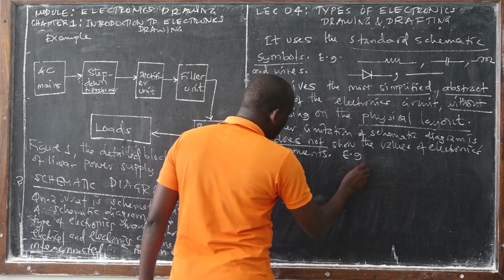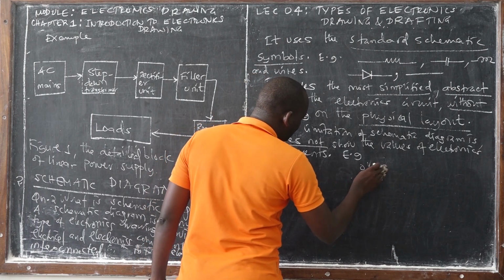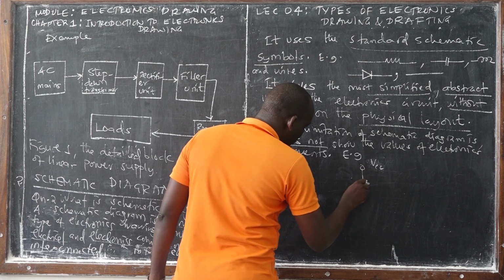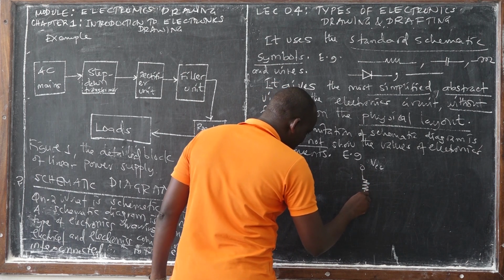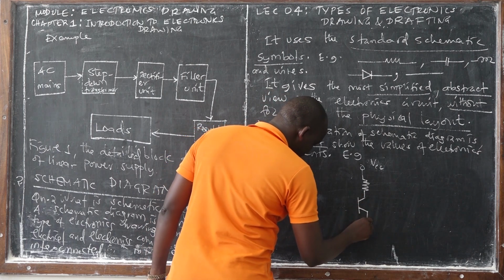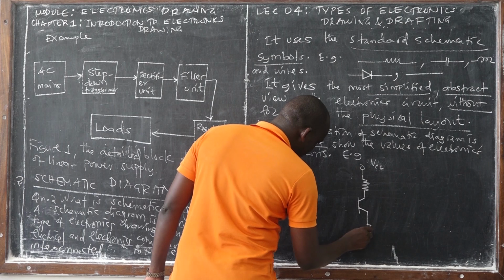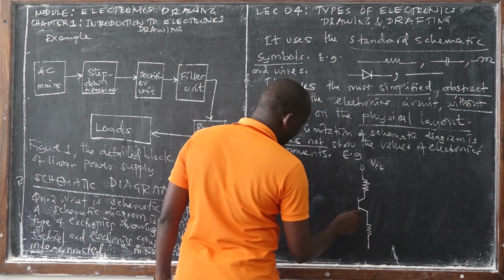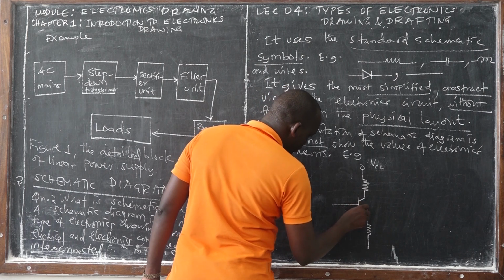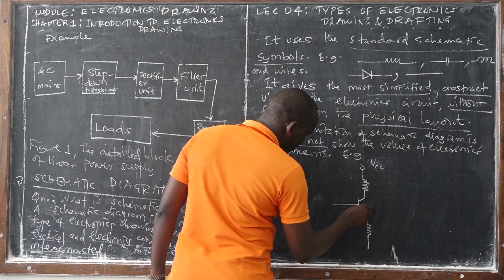For this case, we have VCC. In VCC, we have a resistor. Then we have another resistor. Then for this case, we have a transistor.